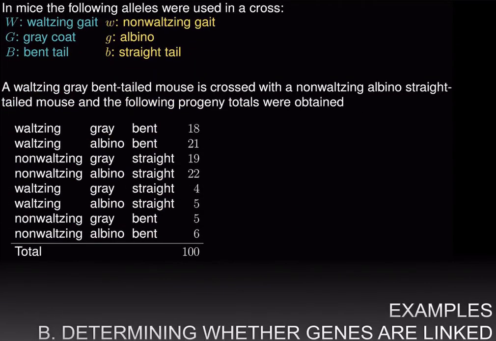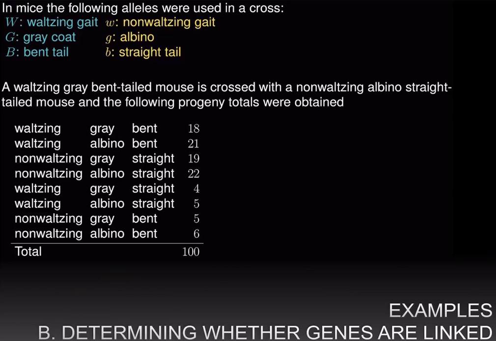In the next problem, we are given three traits in mice. There's big W waltzing gait, little w non-waltzing gait, big G gray coat, little g albino, big B bent tail, little b straight tail.